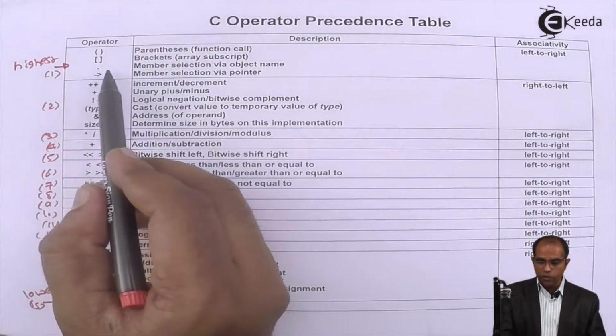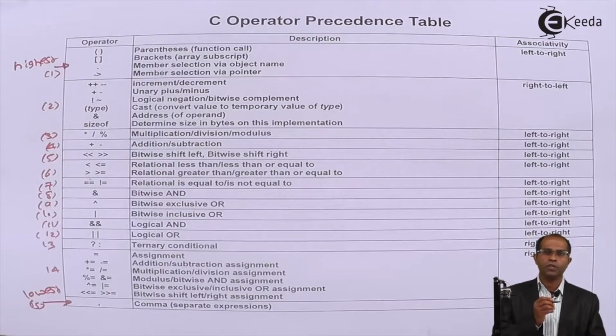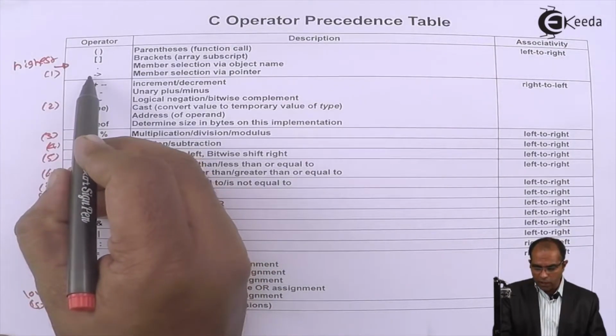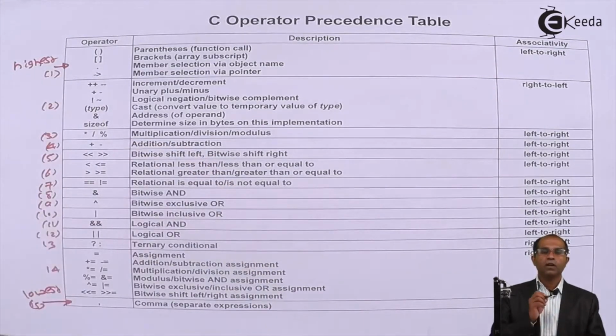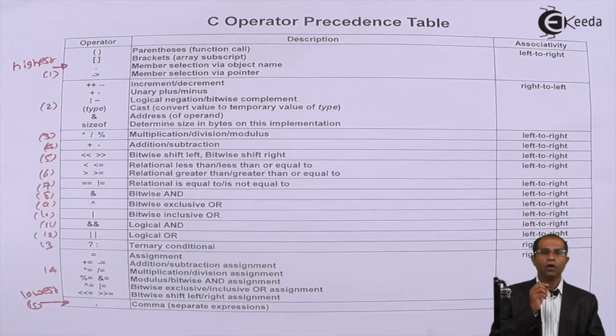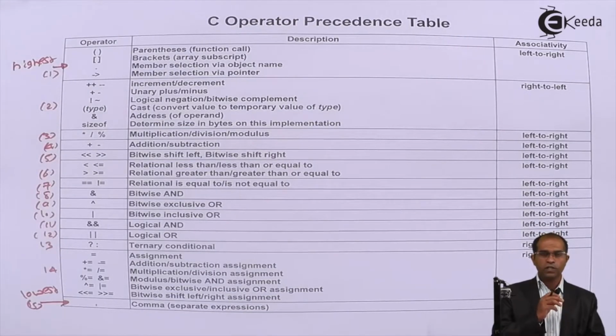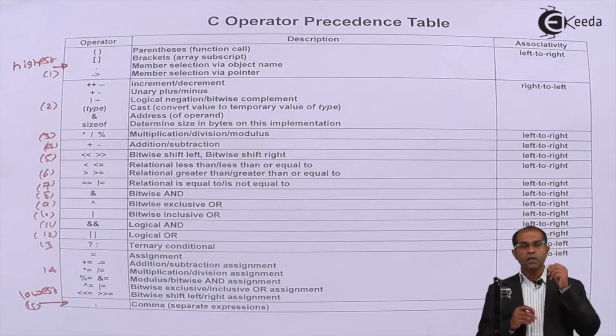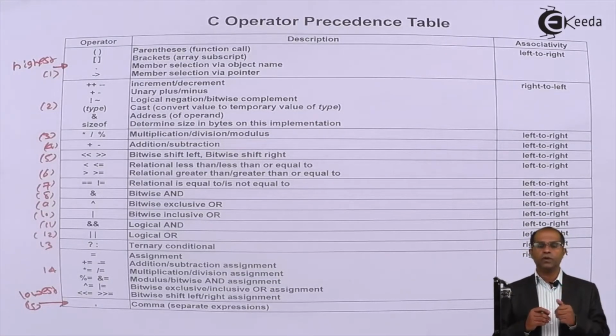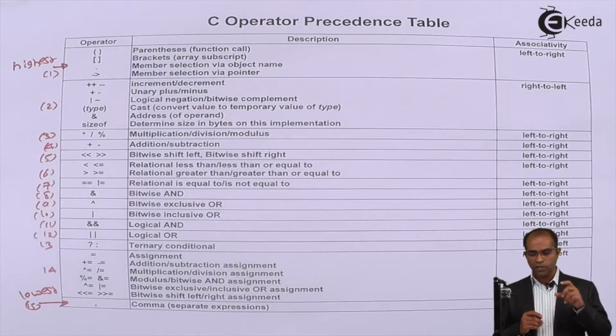The dot operator is used to make a selection via the object name, or it is used as a pointer operation. And then we use the hyphen followed by greater than symbol, called the accessing operator, to access the members of a structure through pointers. Pointers are yet to be covered, but these are the highest-priority operators. So function call operators, array subscript operators, member access operators using pointers, and structure member access using pointers are all in the highest section.